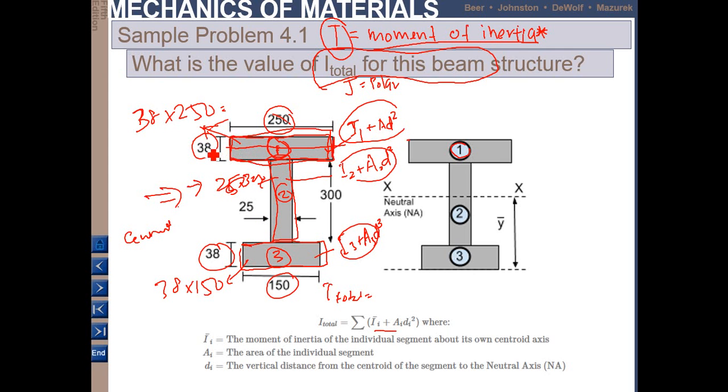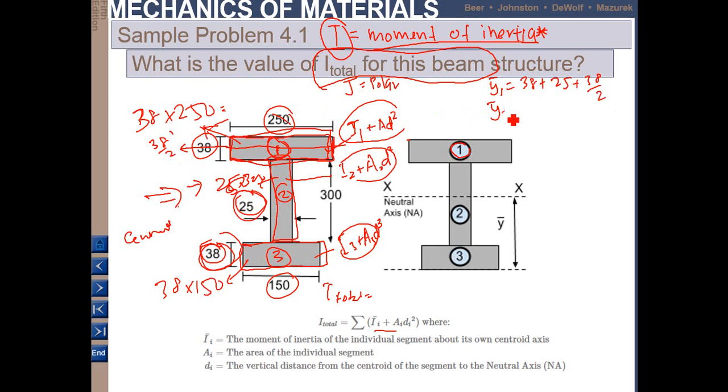So you need to divide by 2: 38 over 2 because it is in the middle of this, and then you add 25 and you add 38. So the centroid for the first part is equal to 38 plus 25 plus 38 over 2, which gives 354.